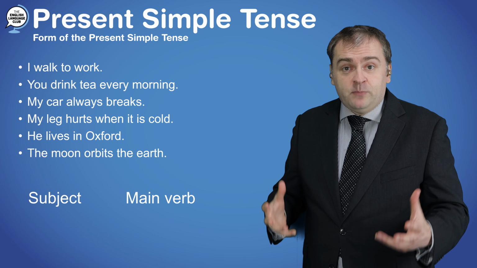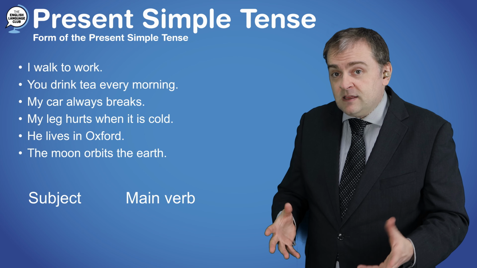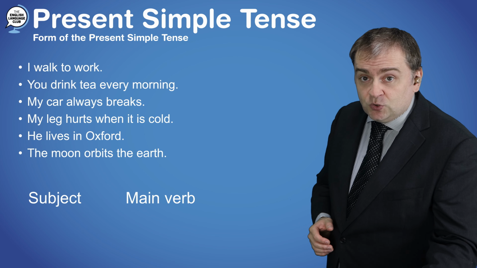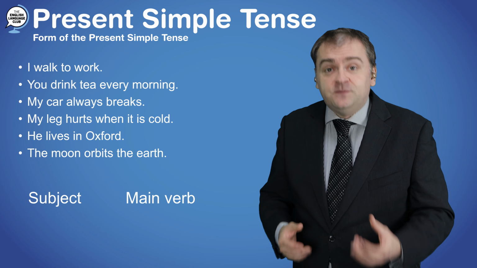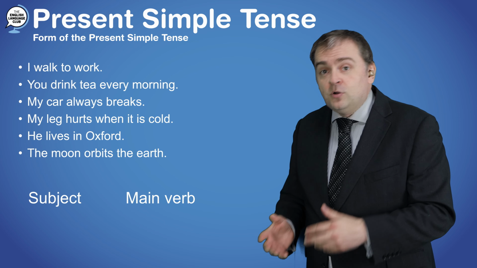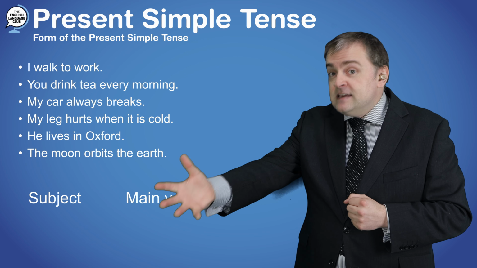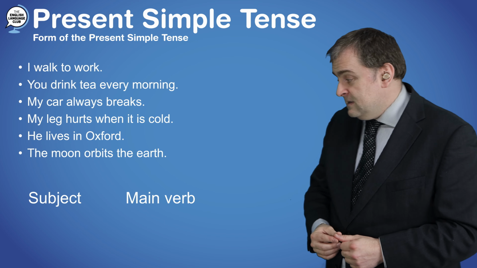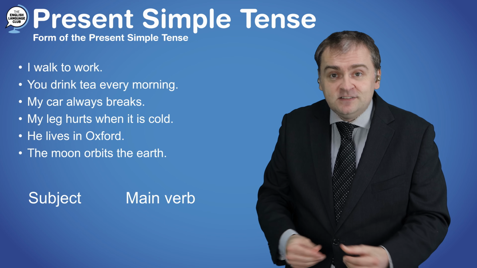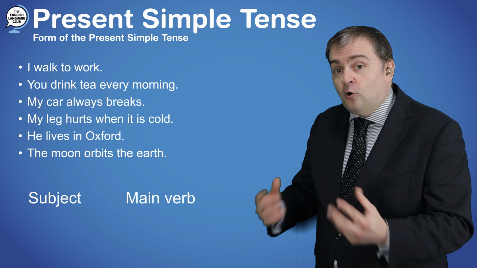When we are talking about someone or something that is not the person we're talking to. We call this the third person S form. I walk, you drink, he lives. My car breaks. My leg hurts. The moon orbits.